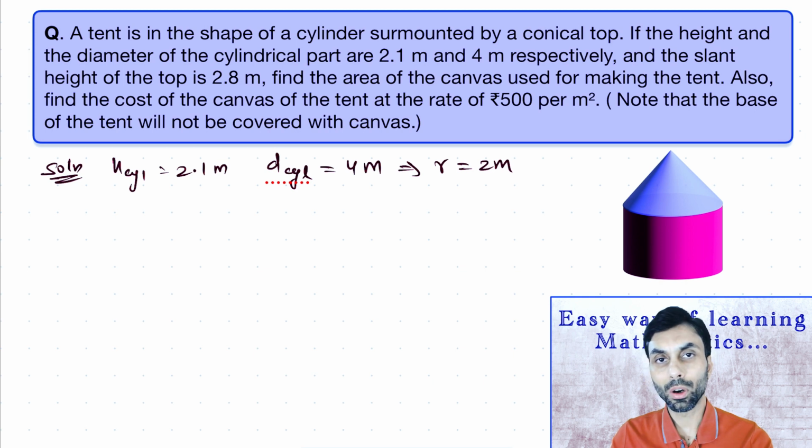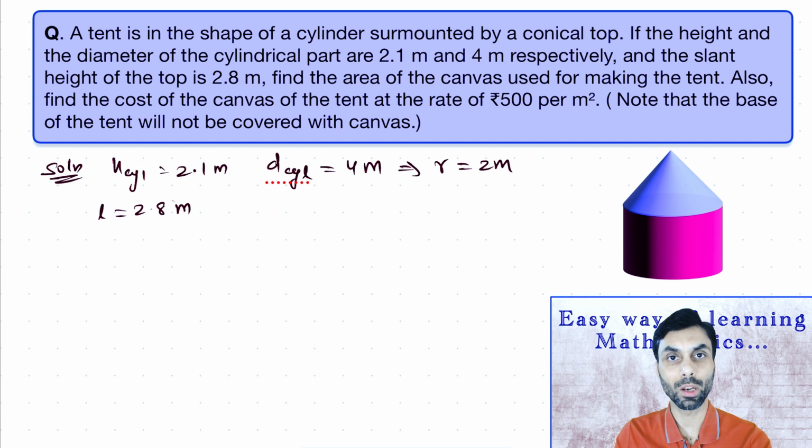In this case, the radius of cylinder and the radius of cone is the same, so we are not going to denote it by different symbols. For both, we'll use r only. Next is the slant height of the top is 2.8. So here l is given 2.8 meter, and we have to find out the total surface area first, for which we'll be needing the value of l, which is here.